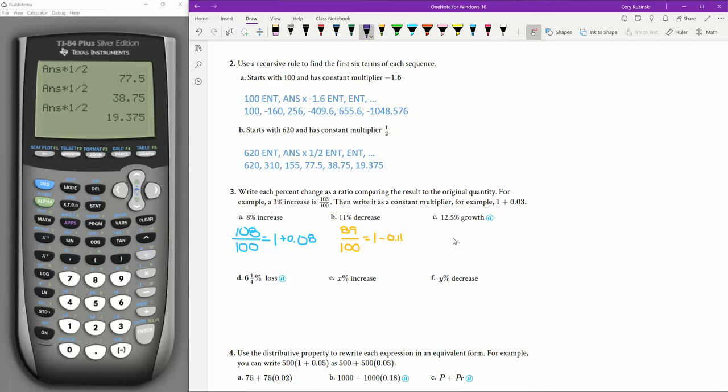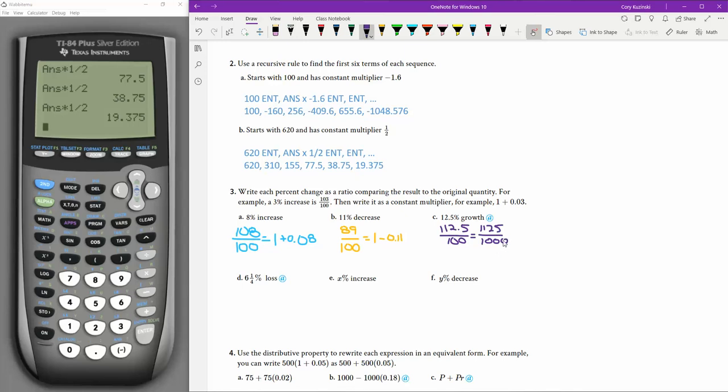12.5% growth. So I guess we're going to write this as 100 plus 12.5. I don't like having decimals in our fractions. 112.5 over 100. I mean, they're not simplified anyway, but I think I'll multiply the top by 10 and the bottom by 10 and write it like that so I can get the decimal out of the fraction at the very least.